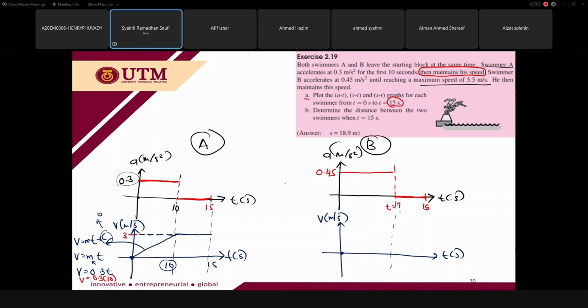And then you go for swimmer B. For swimmer B, it's mentioned that it's reaching a maximum speed of 5.5 meter per second, with acceleration 0.45 meter per second squared.